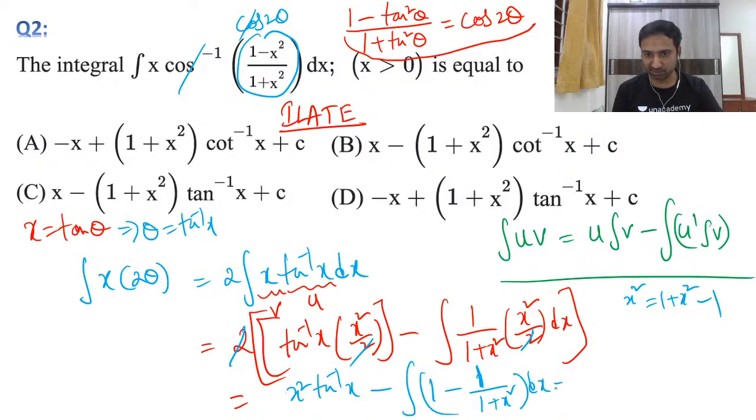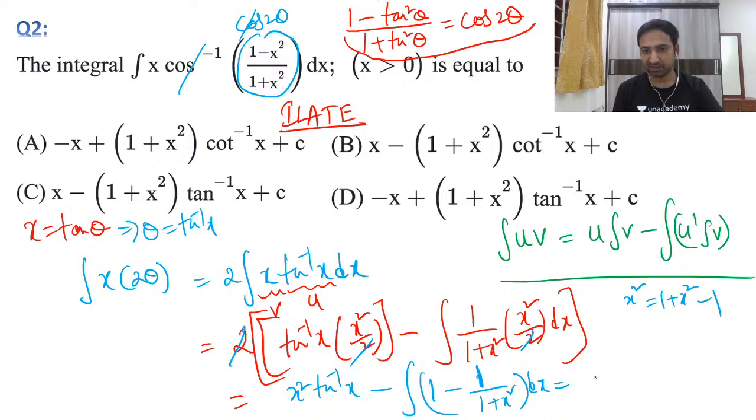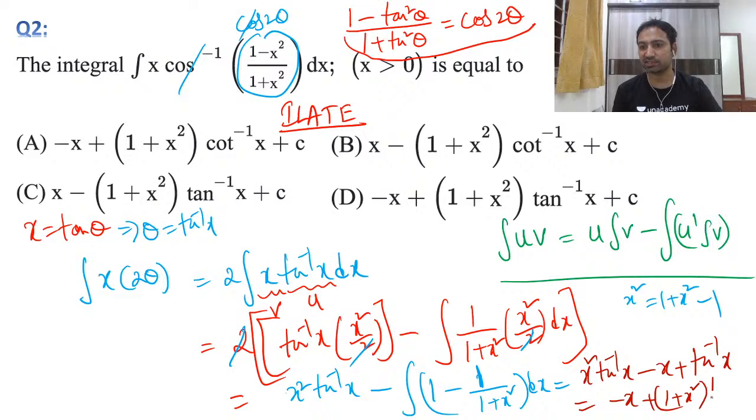So now you are able to simplify this. Tell me, guys, what do we get here? It is x square into tan inverse x minus x minus of minus plus tan inverse x. That's what we're getting. Still we can simplify this, guys. We can write it like minus x plus x tan inverse x. If I take common, 1 plus x square into tan inverse x minus x.